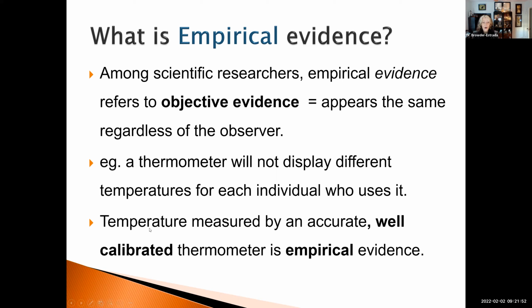All right, so going back to an objective way of collecting data, not just with your own senses, but with machinery that we can use to do that. Then the temperature that's measured, if it's a well-calibrated thermometer, will produce empirical evidence.